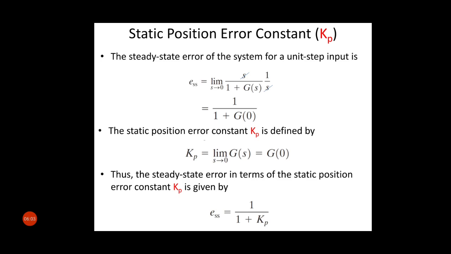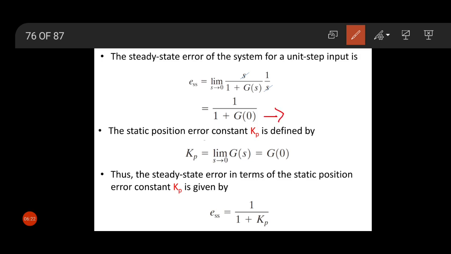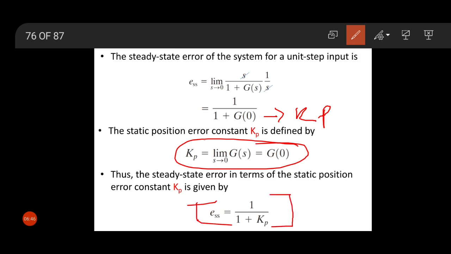Now the steady state error in terms of the static position error constant Kp is given by ess equal to 1 by 1 plus Kp, because G(0) is nothing but Kp, where Kp equals limit s tends to 0 G(s).